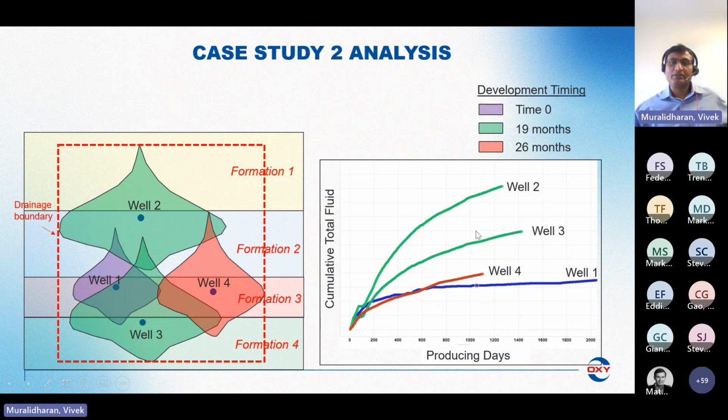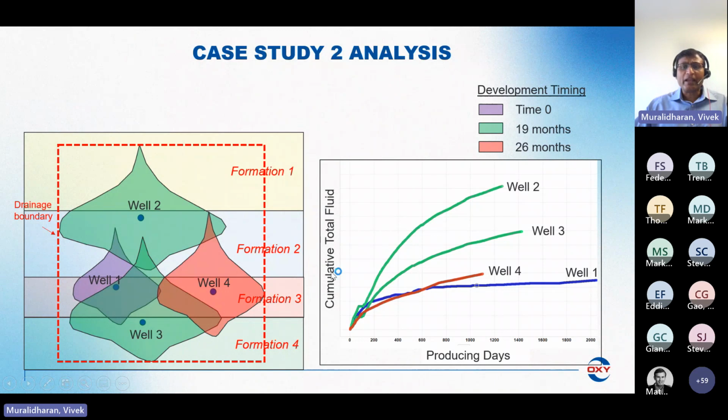That's why some of the depleted events caused well 3 to be lower in performance in total fluid. But well 1 got hit really hard, and you can see that the SRV didn't recover much after that. Because of the high overlap between wells 1 and 3, you have a significant change in the performance of well 1.